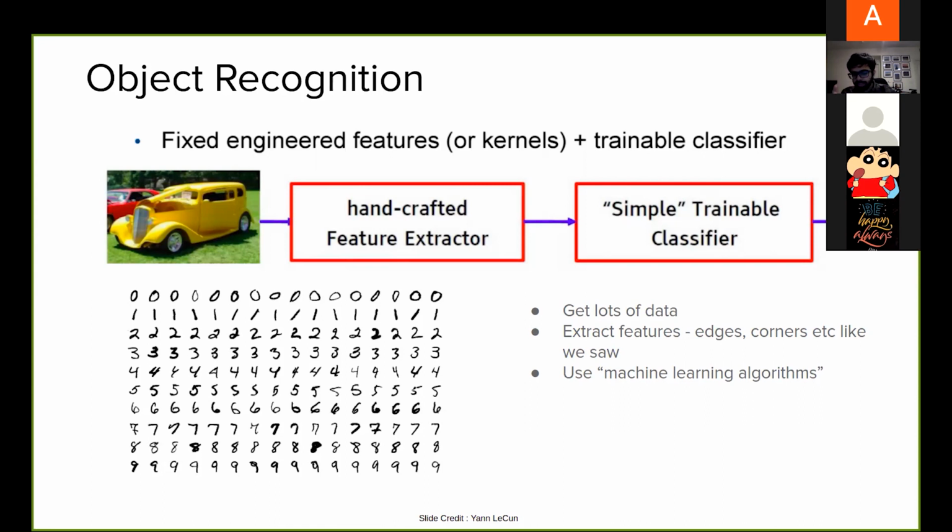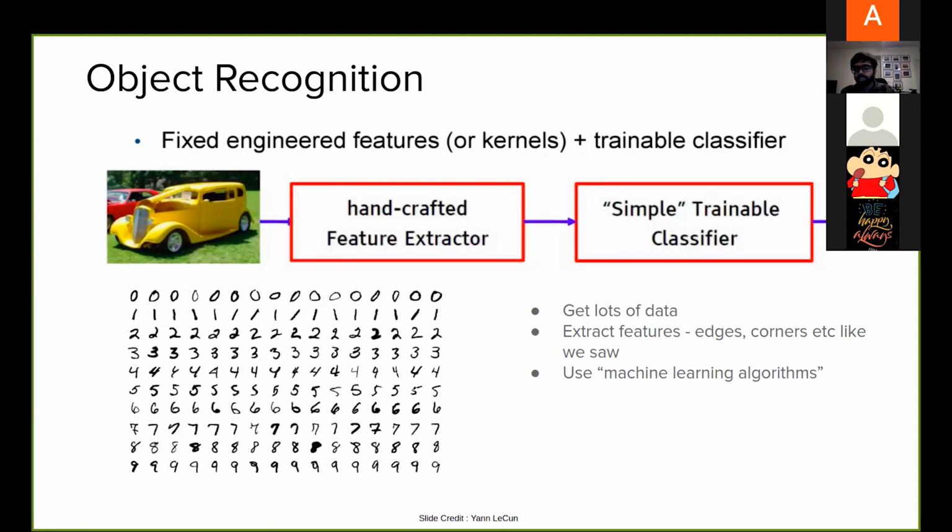And if there are two edges, then it's probably a zero. So this is a very simple case, but you can build more and more complex machine learning models using mathematics to help it identify all these different categories from 0 to 9. So this is how things were done.